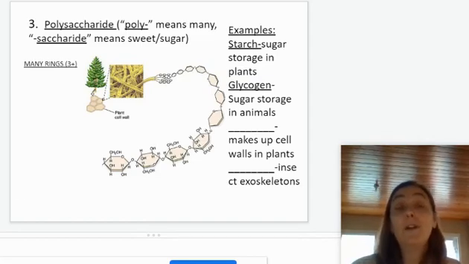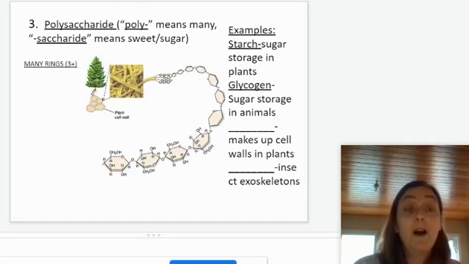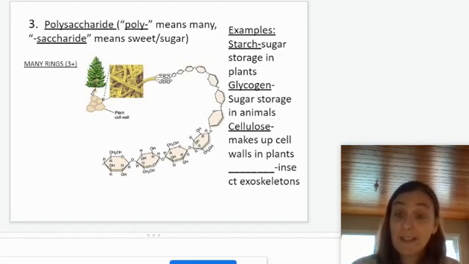But not all polysaccharides are for sugar for energy. Some are building blocks. Cell walls of plants. Plants have cell walls around the outside. They have many, many sugars hooked together into a polysaccharide, many rings together, called cellulose. And it builds the cell walls of plants and makes them stand up, right?